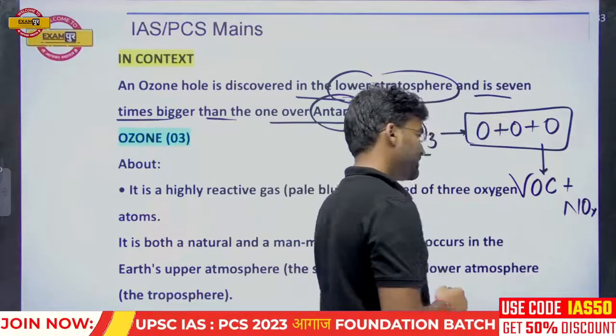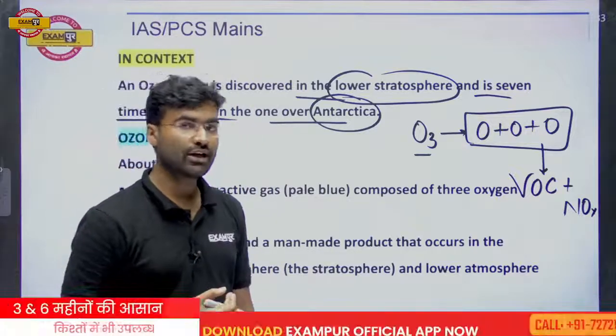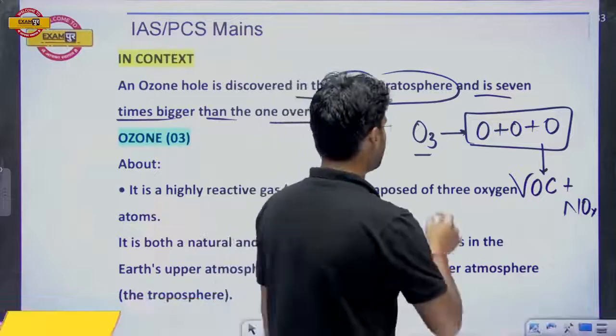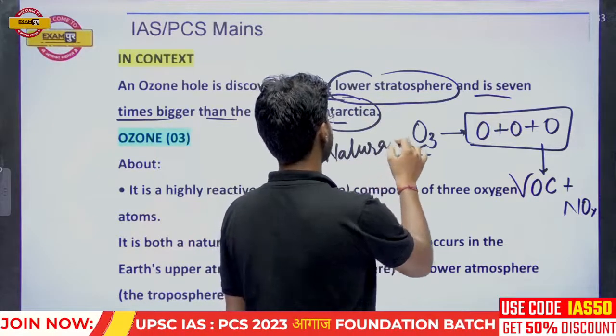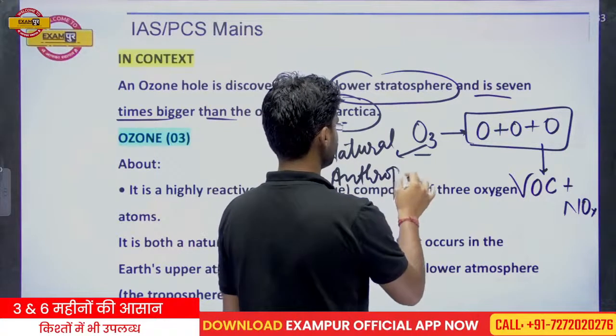When the oxides of nitrogen react with the volatile organic compounds, then ozone is created. This ozone can be created by natural means as well as anthropogenic means.